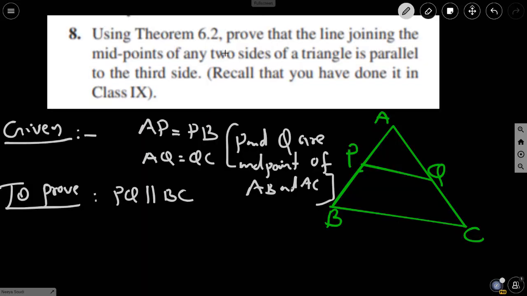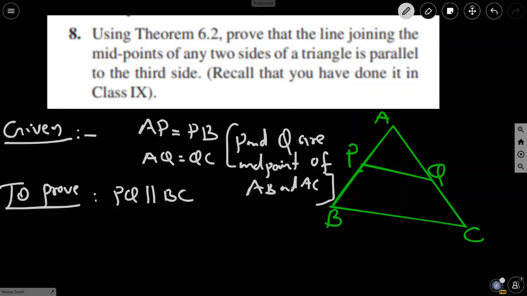Using theorem 6.2, prove that the line joining the midpoints of any two sides of a triangle is parallel to the third side. So it is given that AP is equal to PB and AQ is equal to QC. That means P and Q are the midpoints of AB and AC. To prove PQ parallel BC.